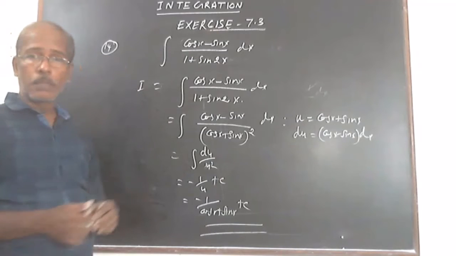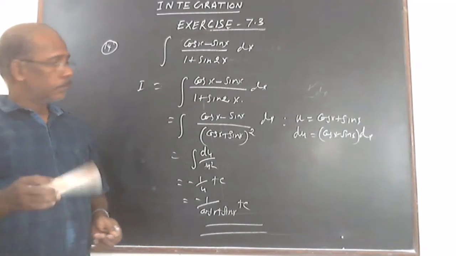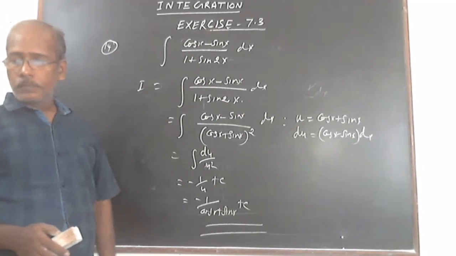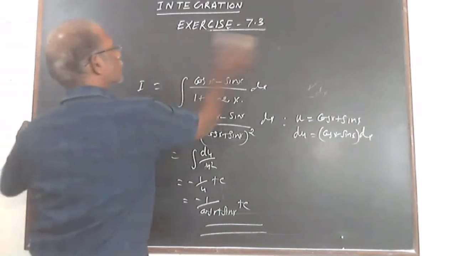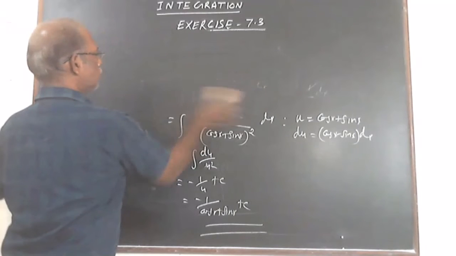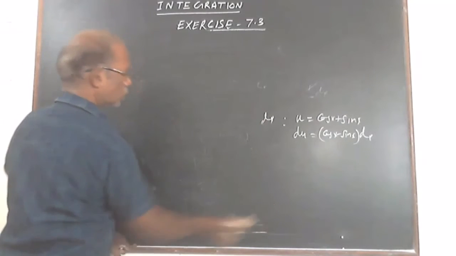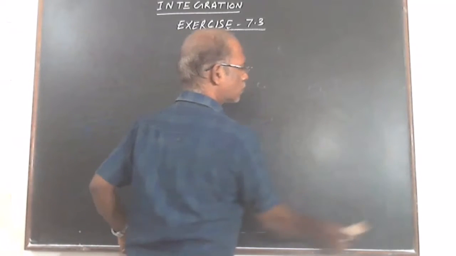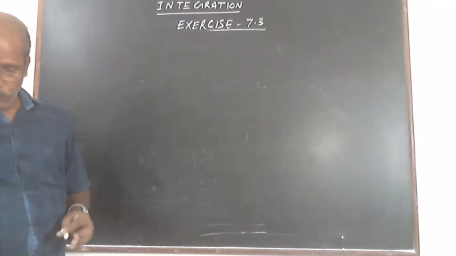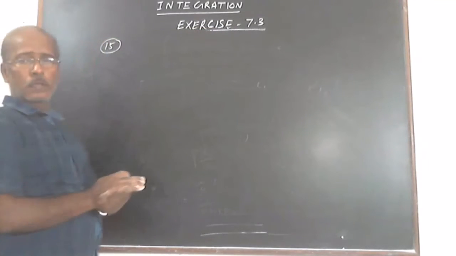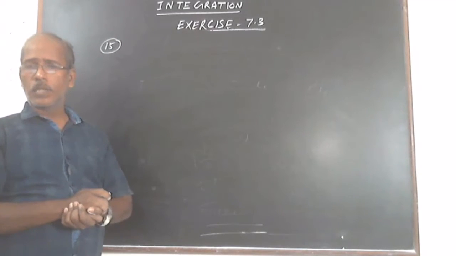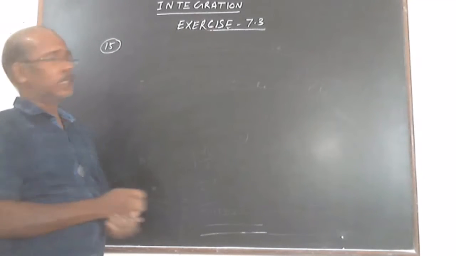We'll go to question number 15. The question is the integral of tan cube 2x secant 2x.